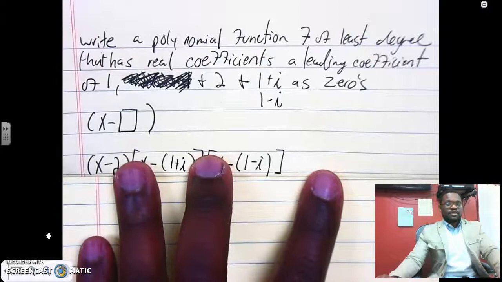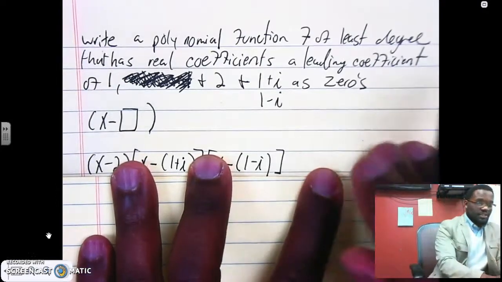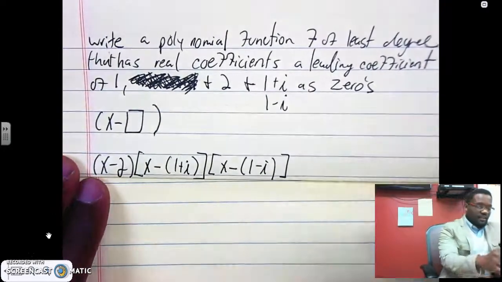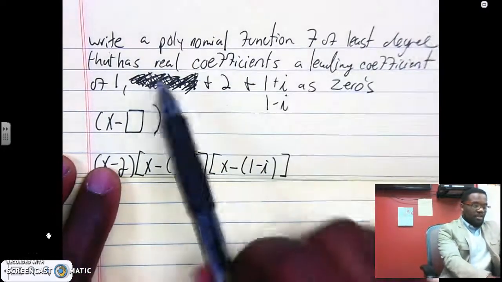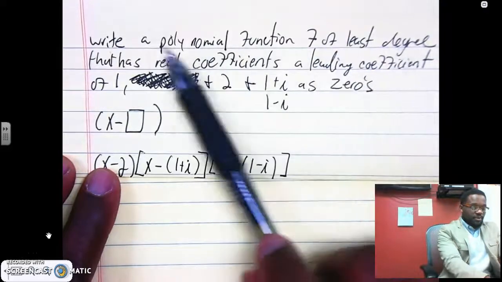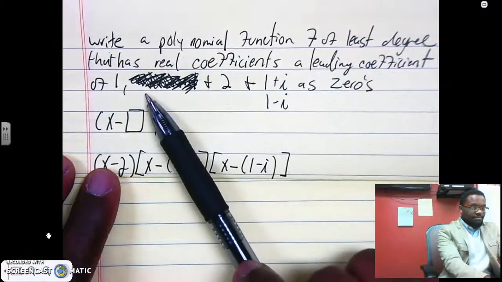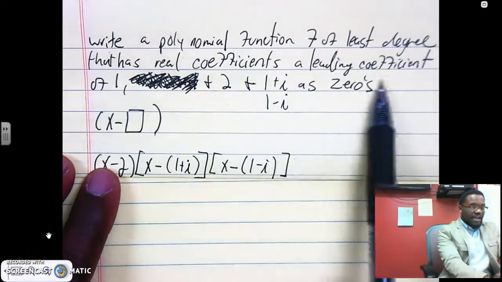Okay, I made a little mistake, so I'm coming back here to fix it. Now, if I'm writing a polynomial function with these parameters, it has a leading coefficient of 1, and 2 and 1 plus i are zeros.